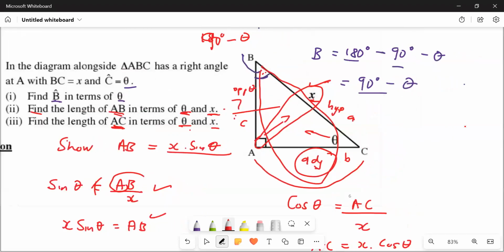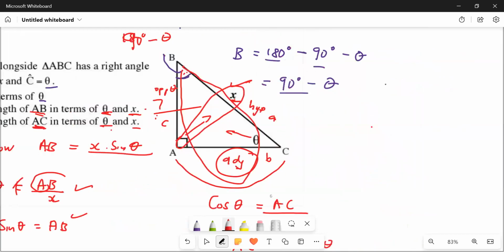If we use the sine rule, then what are we going to have? We're going to start with the side we are looking for. So we're going to say p all over the sine of capital B is going to be equal to a all over the sine of A. Now, what is p? p is AC.